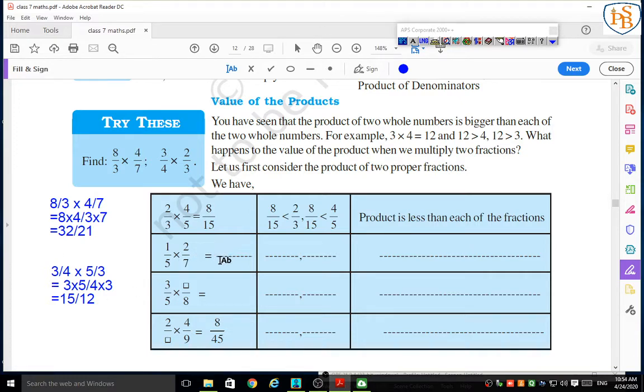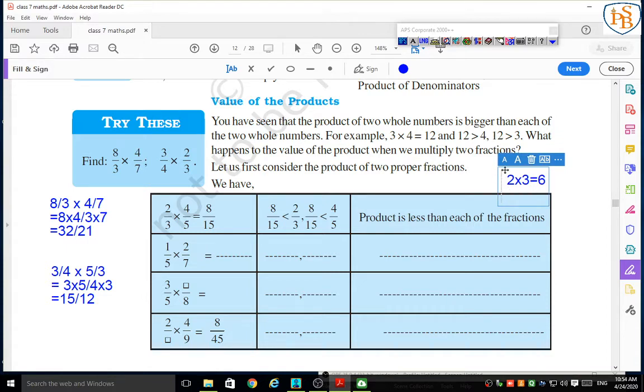We are going to solve these questions now. First of all we will read the value of the products. You have seen that the product of two whole numbers is bigger than each of the two whole numbers. Look here, 2 into 3 is equal to 2 3s are 6.